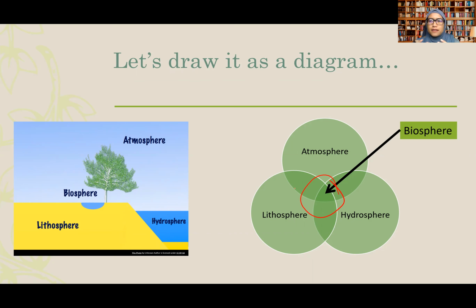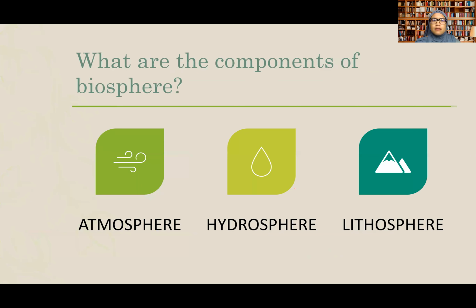It encompasses everything because we have life basically in all three other spheres. So what are the components of biosphere? Like I already showed you on the previous slide, we have atmosphere, hydrosphere, and also lithosphere. These three are the components of biosphere.